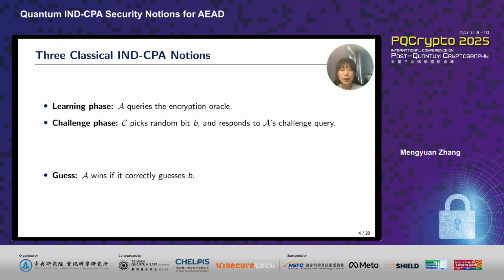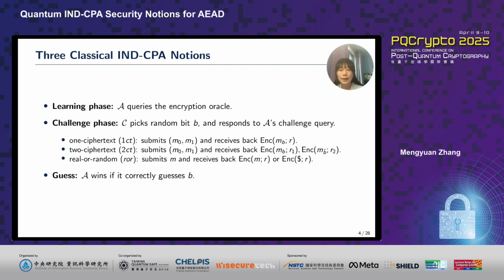In the learning phase, the adversary is querying the encryption oracle, and in the challenge phase, the challenger first picks a random bit b, which is either 0 or 1, and the challenger responds to its challenge queries depending on this random bit b. And the adversary's goal here is to guess this bit b.